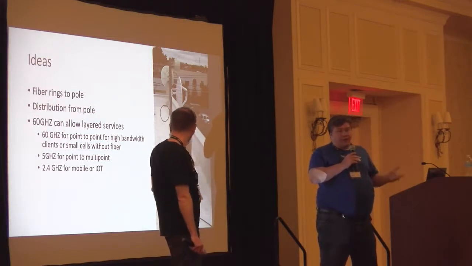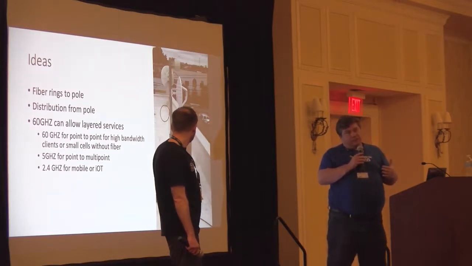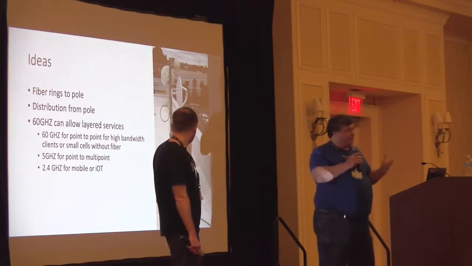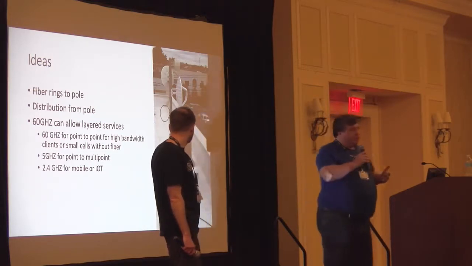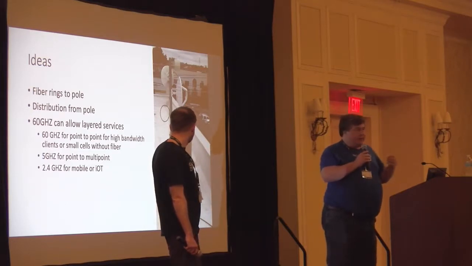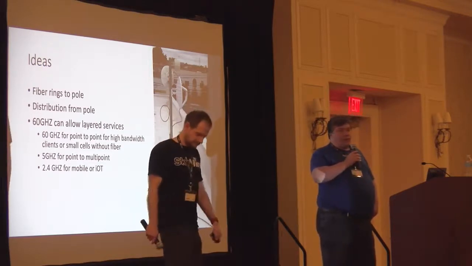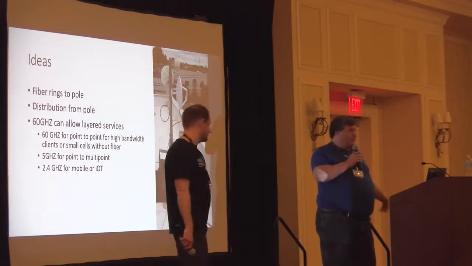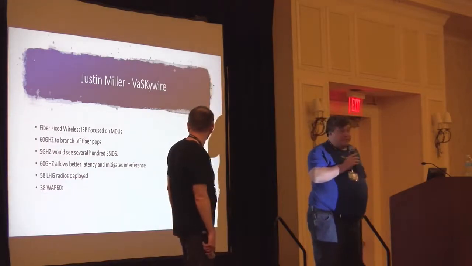You can layer 5 gigahertz on that for point to multi-point for businesses, something a little better than your standard, but you don't want to chew up that 5 gigahertz spectrum. So 60 gigahertz can deliver it, and then you bring it the last couple hundred feet. And then we're seeing 2.4 gigahertz for mobile and IoT, your phones in downtown areas. So I'm going to turn it over to Justin Miller.